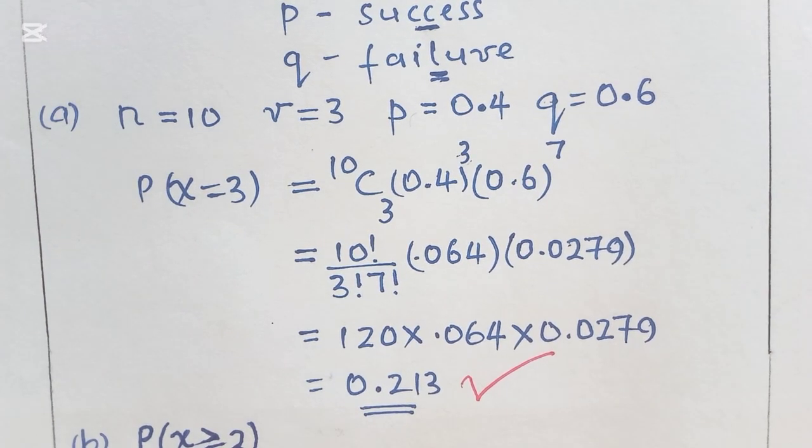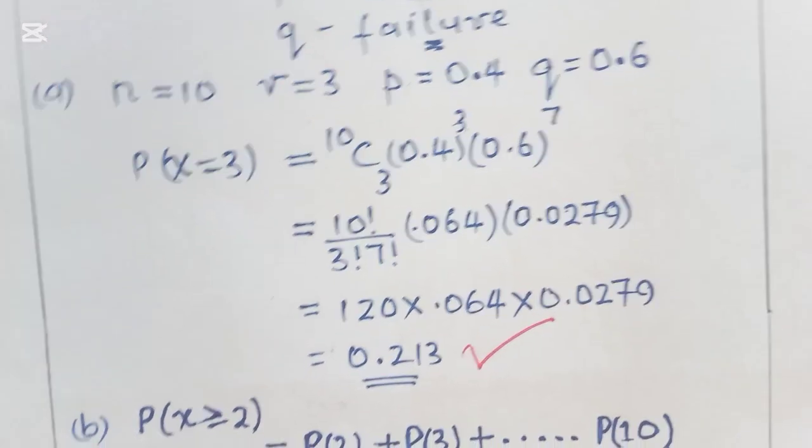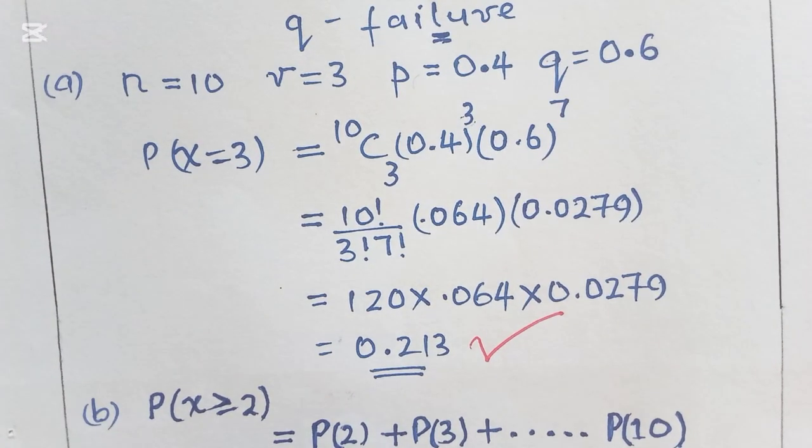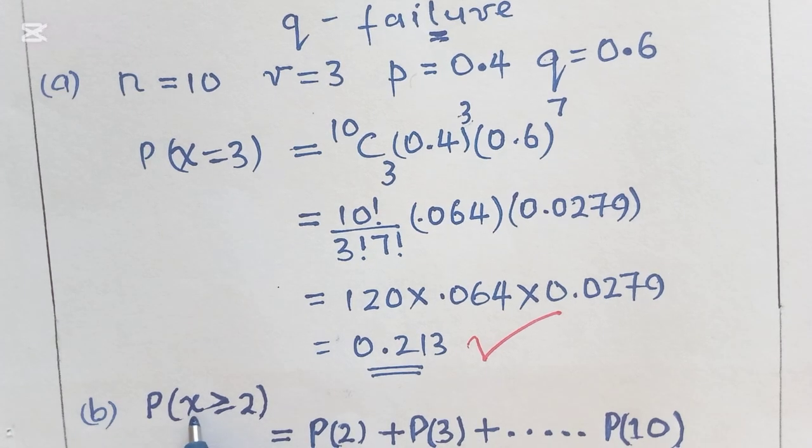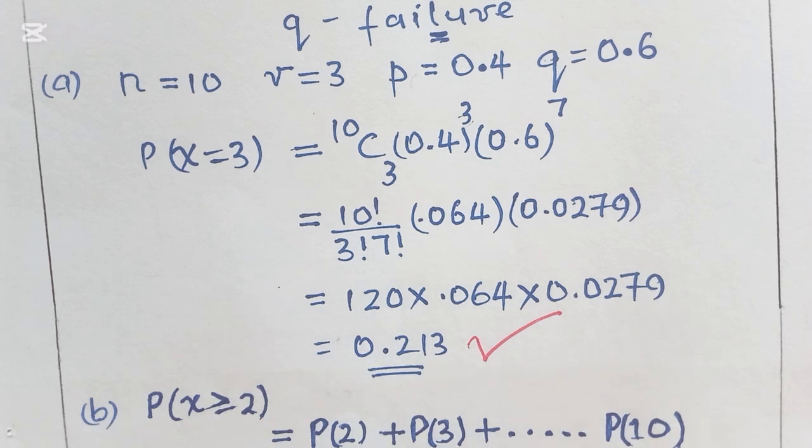Then the next question is, at least 2 resistors are defective. When we say at least 2, it means that X is equal to or greater than 2. So we would have to do P2, P3 until P10, because all the resistors are 10. This, in other words, is the same as writing 1 minus the probability that 0 are defective and 1 is defective.